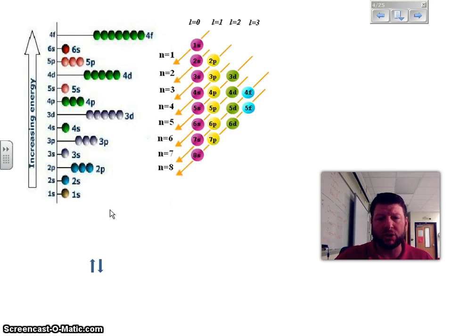Here's another way of looking at it: how the electrons will fill as you move left to right and down in the periodic table. So we have 1s, 2s, 2p, 3s, and as you can see, there are more orbitals and there are more energy levels. And as you can see, they fill from the lowest energy level to the highest energy level. Okay.